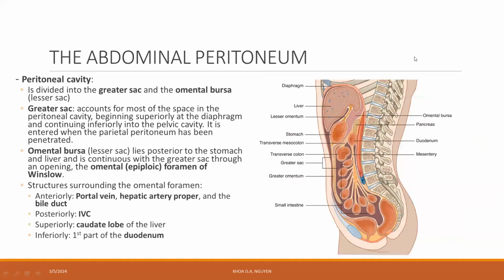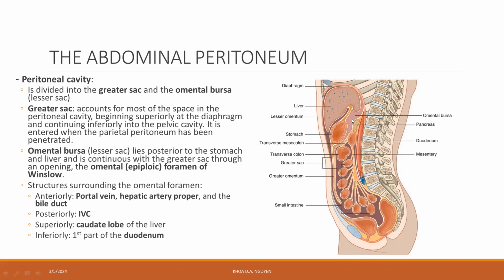All right, so now the peritoneal cavity. The peritoneal cavity is further divided into the greater sac and the lesser sac. In this picture, you can see that the greater sac is here in dark brown, and the lesser sac is up here in a lighter shade of brown.